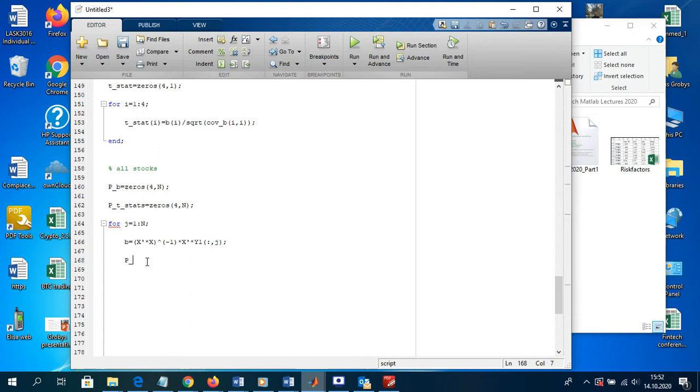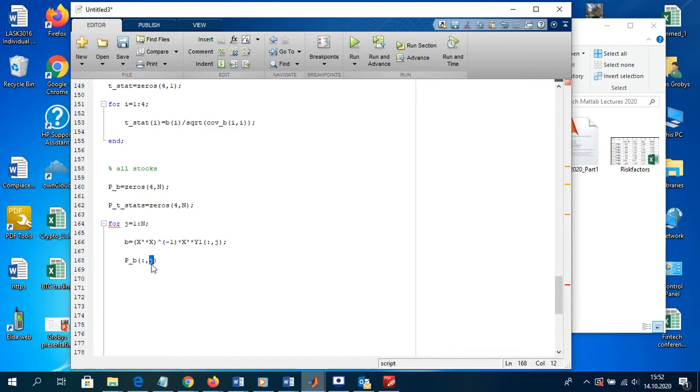We want to store it in the matrix P_B that we created before the for loop, right? So P underscore B, and now we have to get the dimension correct here. We want to store it in the first column, in all 4 rows.